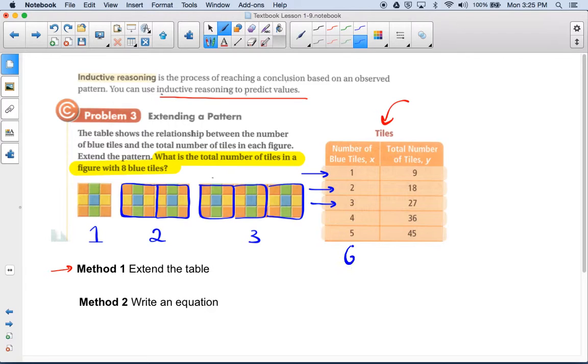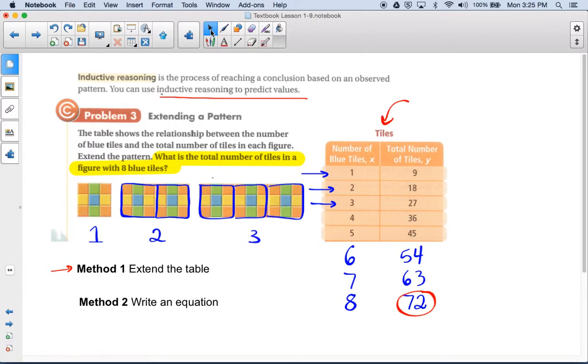So I can figure when I get to 6, it's going to add another 9 tiles. 7 is going to add another 9 tiles. So when I get to 8 blue tiles, I'm going to expect that there will be 72 total tiles. That's my prediction using this table, okay, and the pattern.